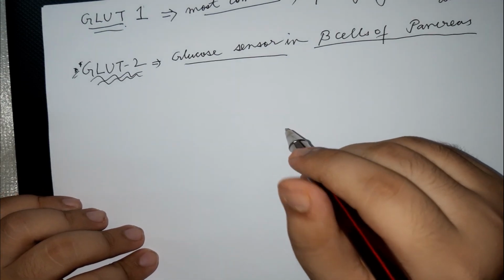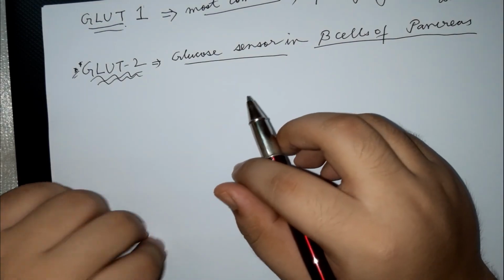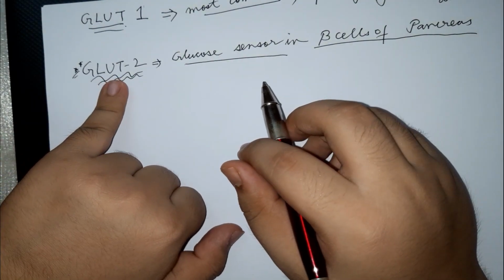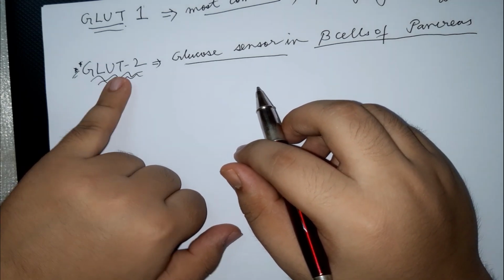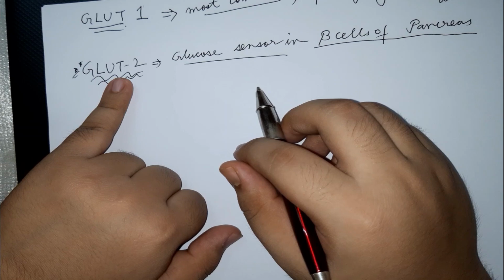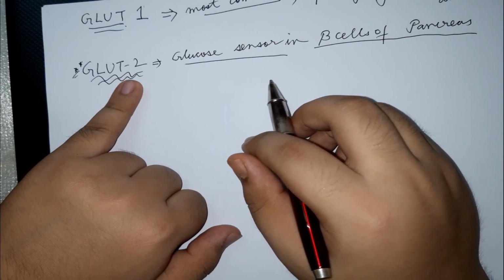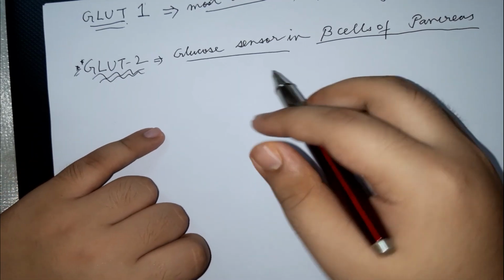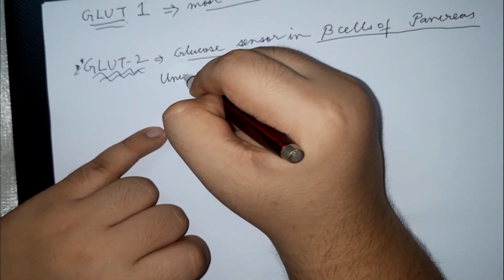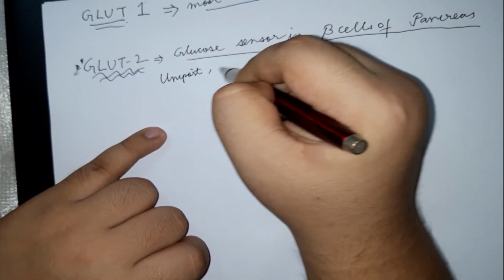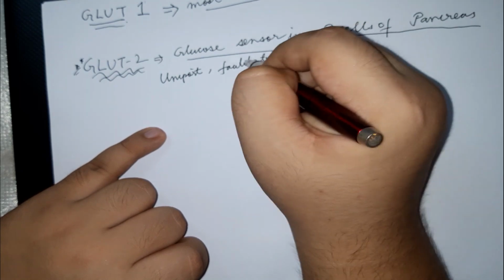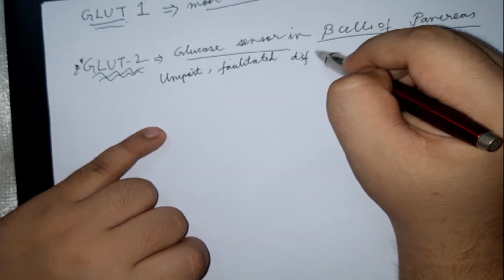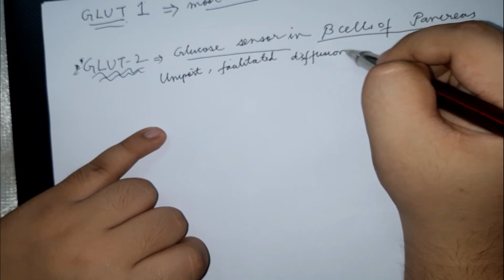GLUT2 is that kind of glucose transporter which the cell uses for uniport facilitated diffusion.